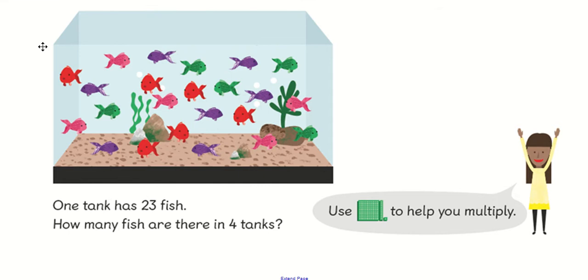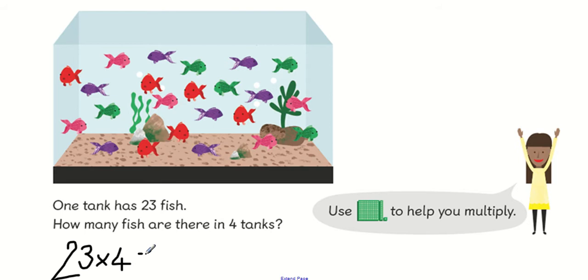Okay, so we could do 23 add 23 add 23 add 23 to find out how many fish there are in 4 tanks. But I think there's a more efficient method, and I think you probably worked that out. So I think our number sentence is going to be 23 times by 4.